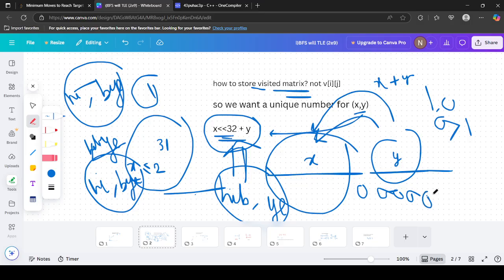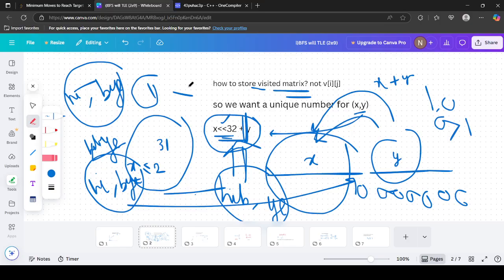And now we are adding y here. This is exactly the same idea as the strings, but for numbers. In this way, we can find a unique hash function for x and y, where we can tell whether a point is visited or not by a single value, with no need for any matrix. Hope you understand why it is a shift and why it is a plus. Or we can use bitwise OR, or anything else, as long as it gives a unique value.